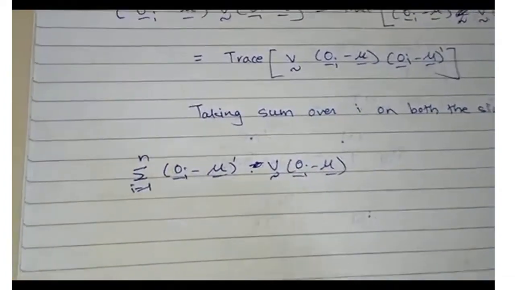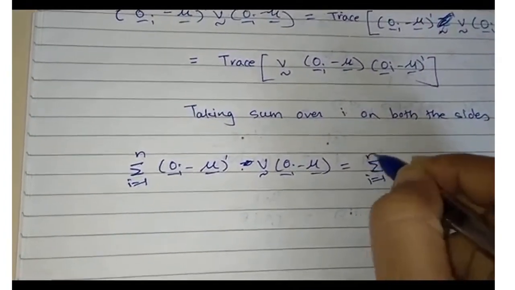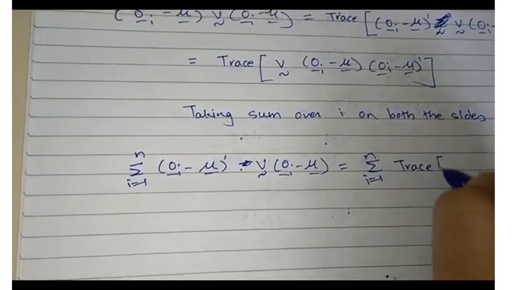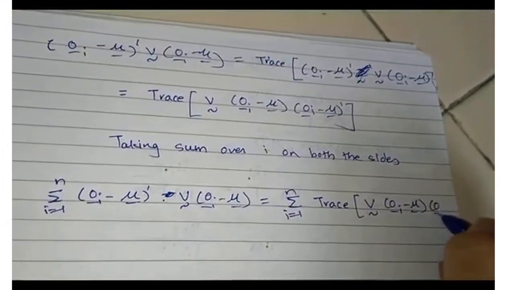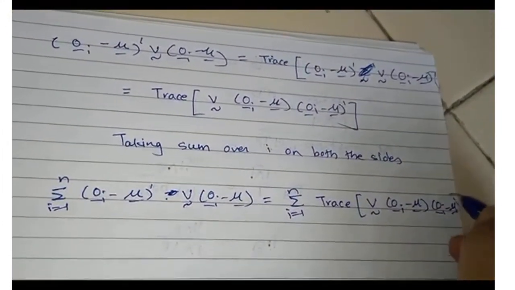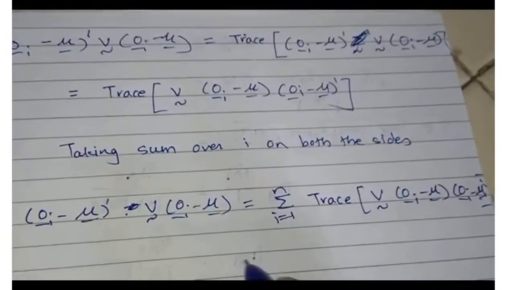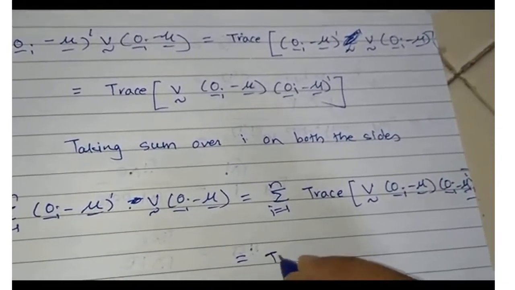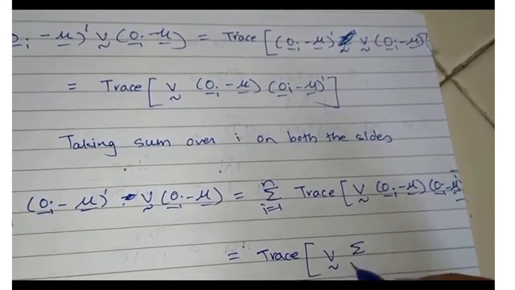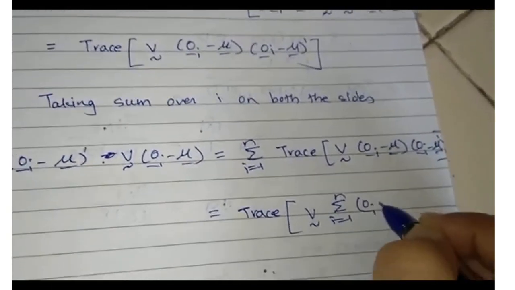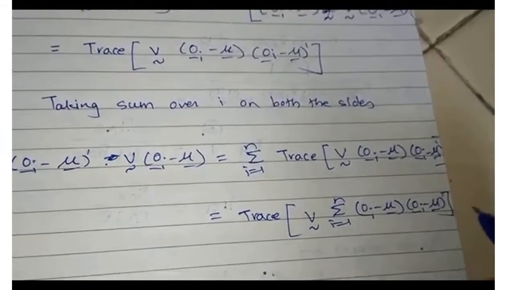This is actually my term in the exponent except for the half. It is the same as the sum over i going from 1 to n of the trace of V y minus mu into y minus mu prime. Now trace can be taken outside the sum. So this can be written as the trace of V times the sum over i going from 1 to n of y minus mu into y minus mu prime.